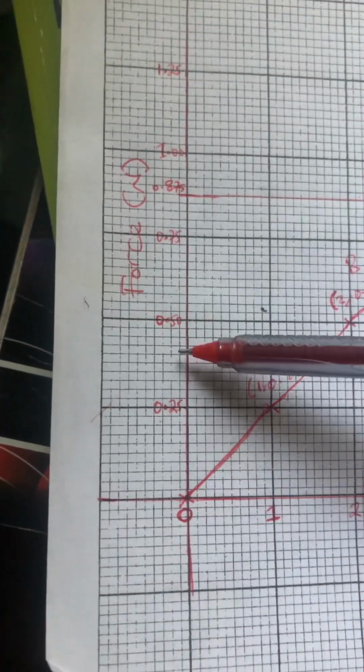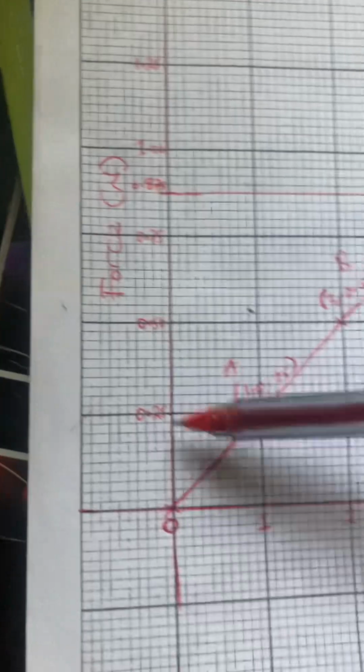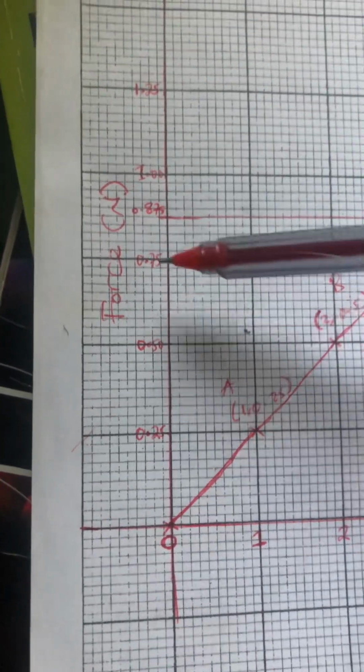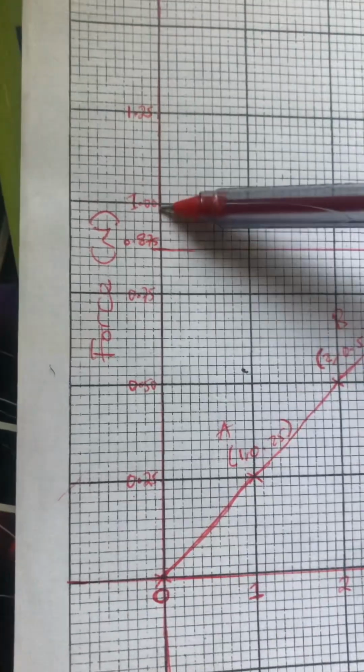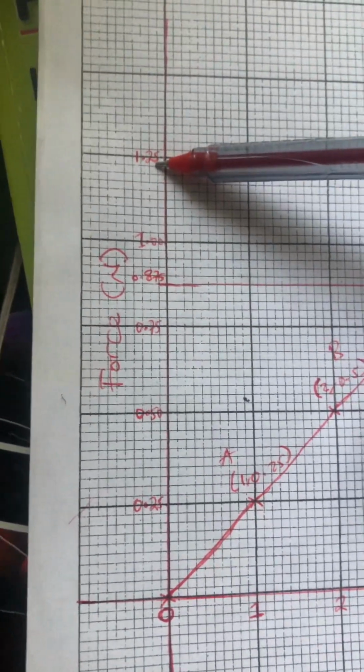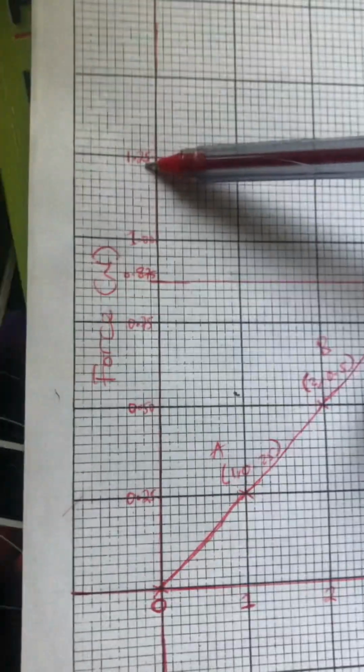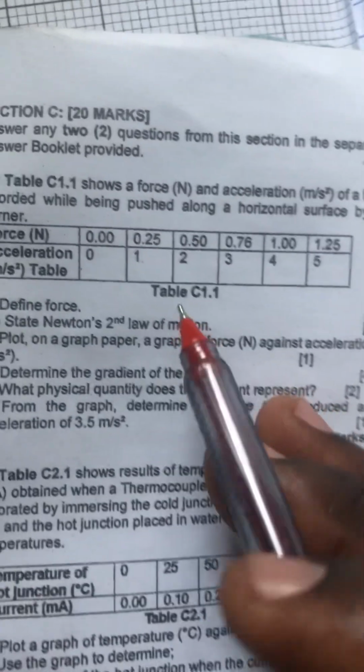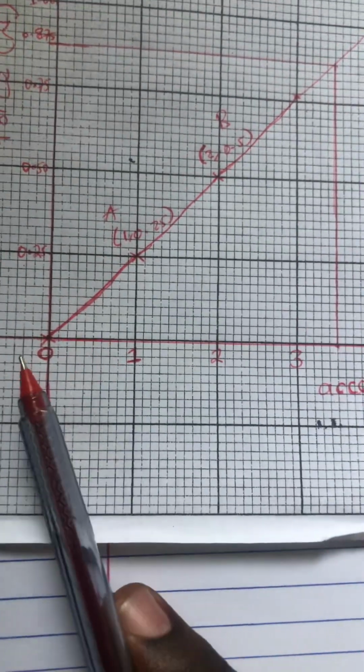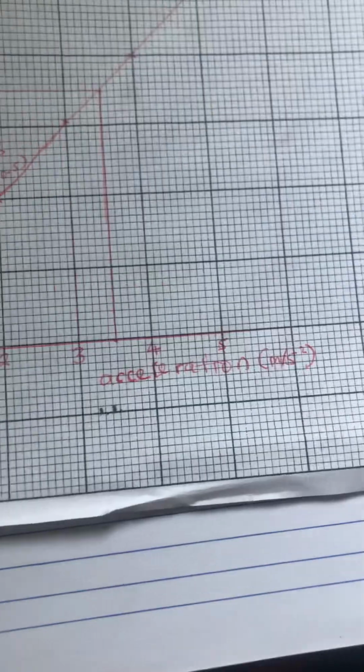So I'm adding 0.25 on each. So this is 0.25, 0.50, 0.75, up to 1.25. So that is the scale that I chose. On the other side here, it is easy. I chose a scale which was running from 0 to 5. So I just said 0, 1, 2, 3, 4, up to 5.